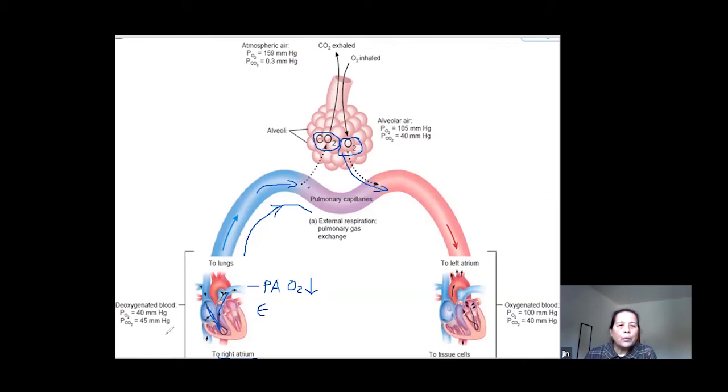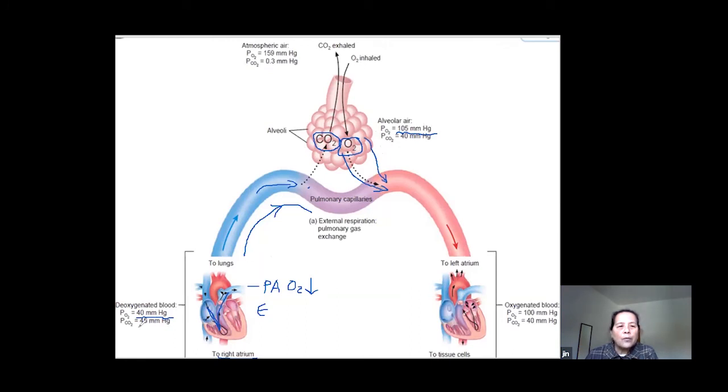If you try to compare some numbers here, you can see the oxygen coming back from the tissue is 40 here, and the pressure in the alveoli is 105. Certainly oxygen moves from 105 inside to 40.